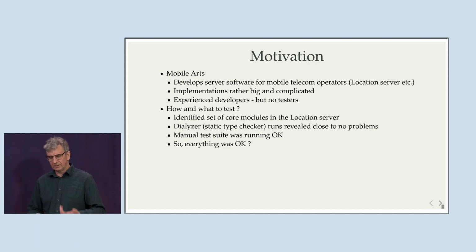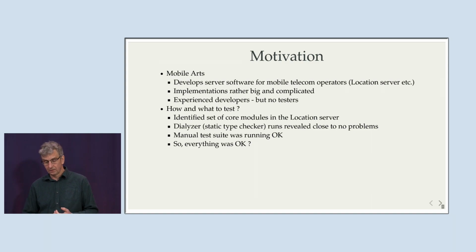So we were thinking about testing, of course. I identified a number of core modules in the location server that I'm going to talk about here. We had other products as well, maybe more problematic than this one, but this was a nice first try.